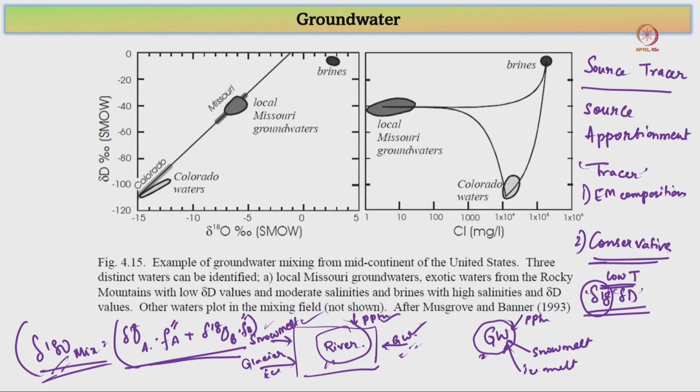So, even if there is a slight change due to any kind of physical process related fractionation, I will still be able to do the conservative mixing model by applying a known correction.